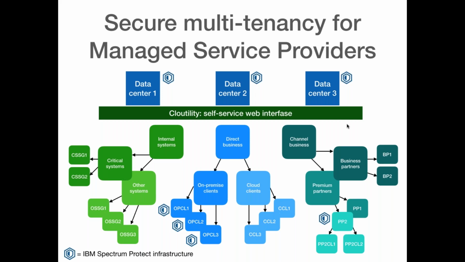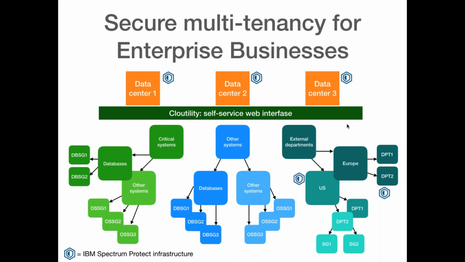The next slide is the same tool, but shown with the view of an enterprise business. Typically, enterprise businesses are not talking about customers and partners and resellers. They could be structured like this, with some critical systems that are divided into database systems and other systems, and then we have several server groups for each of these tenants.